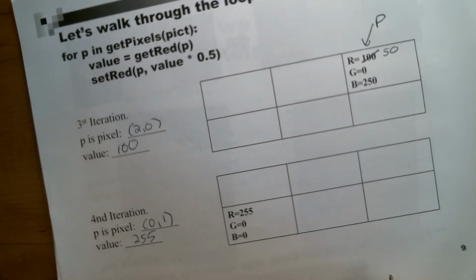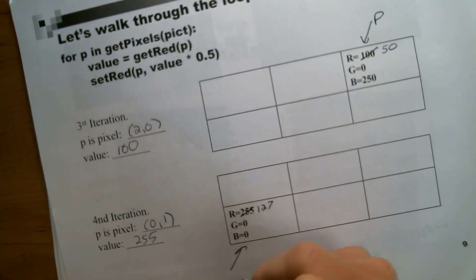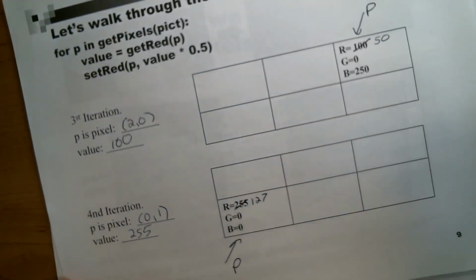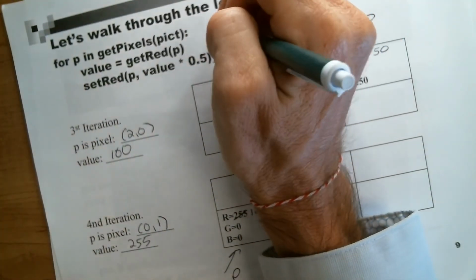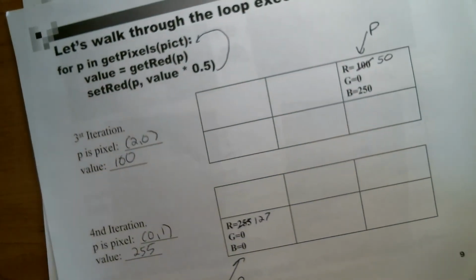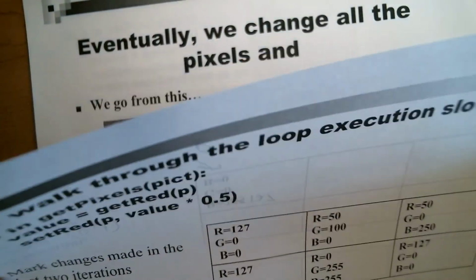And then when we cut that in half, we're going to get 127 again. And again, P just keeps moving and keeps changing as we go through this loop and as we go back up again and again.